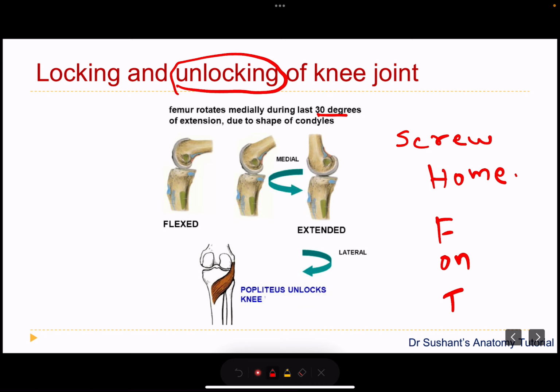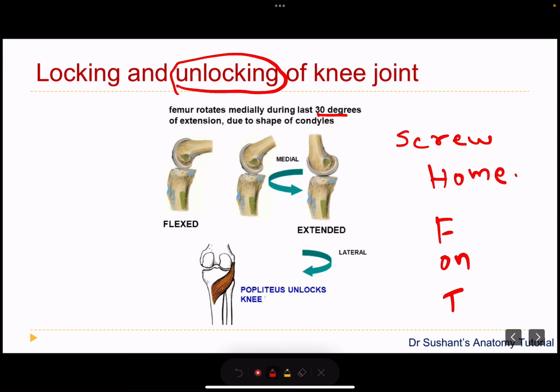This happens by the medial rotation of the femoral condyles on the tibia, and this is called the screw home movement. Now, when the flexion has to begin from full extension, the joint is unlocked by the lateral rotation of the condyles of the femur on the upper surface of the tibia.